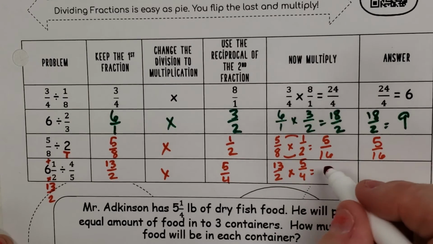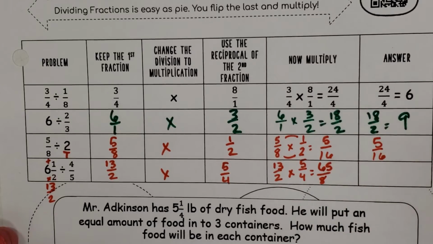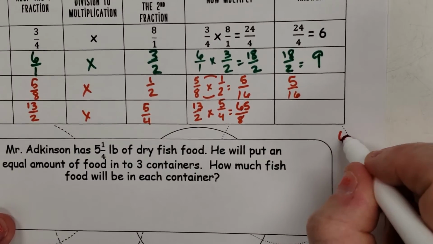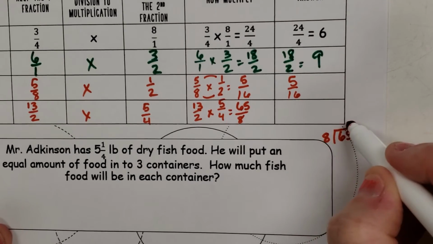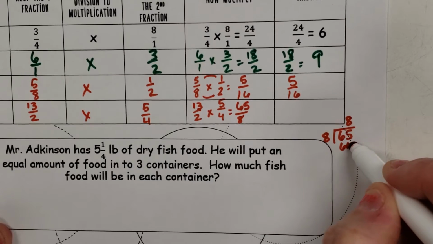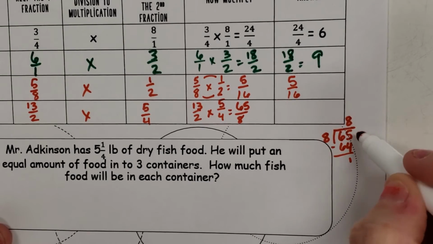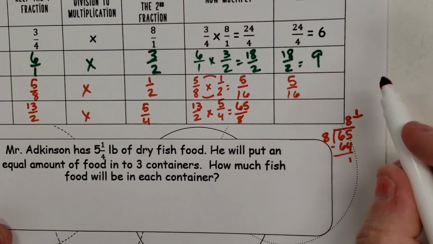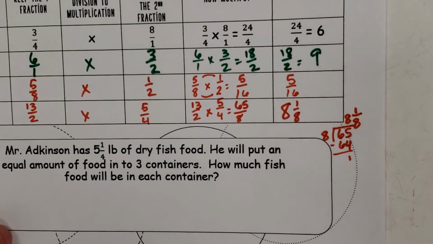Well, 13 times 5 is 65/8. I'm going to go right down here and do some division. You'll need to do the same thing. 65 divided by 8. 8 times 8 is 64. Now subtract and get a 1. That 1 becomes my numerator. My denominator is the same divisor over here. So it's 8 and 1/8.